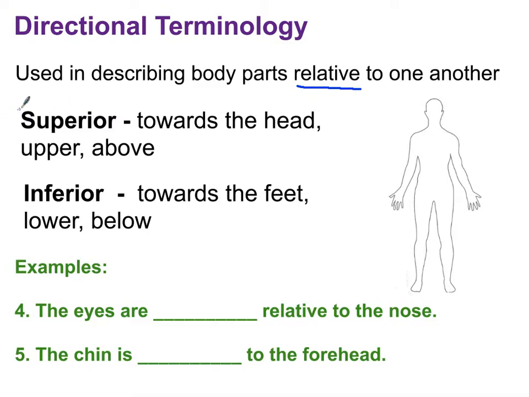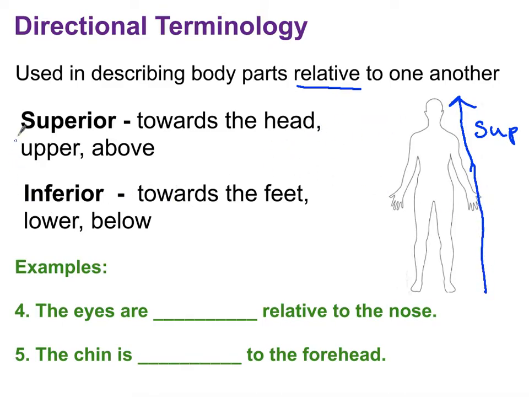I usually think of someone in a workplace who has a superior or a boss, someone that's above them. So superior is always going to mean towards the head, or upper or above. Going up towards the head is going to be superior.